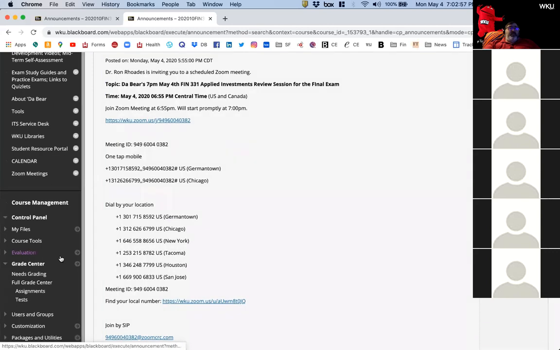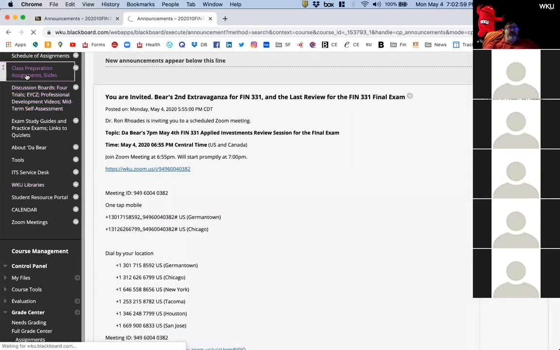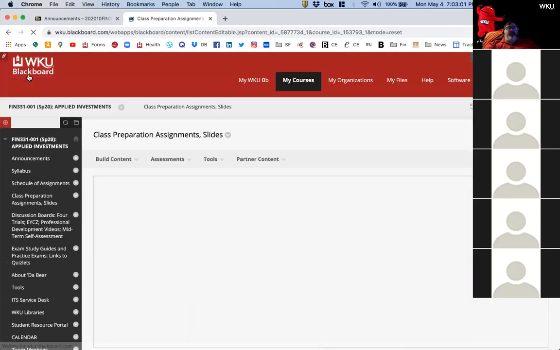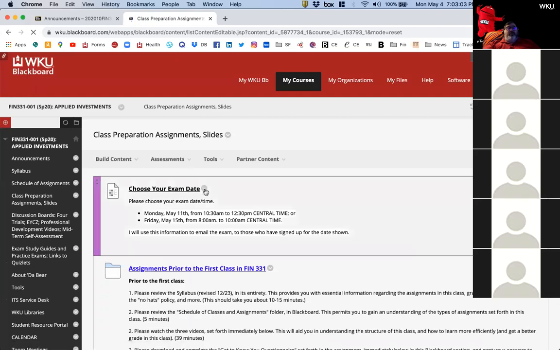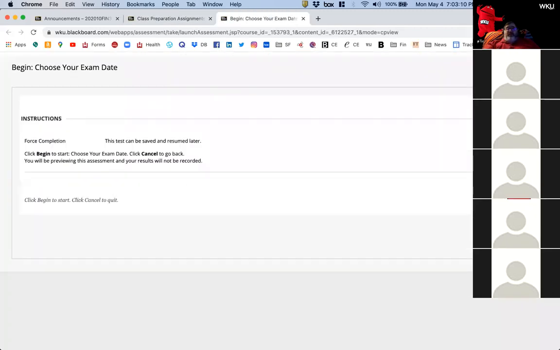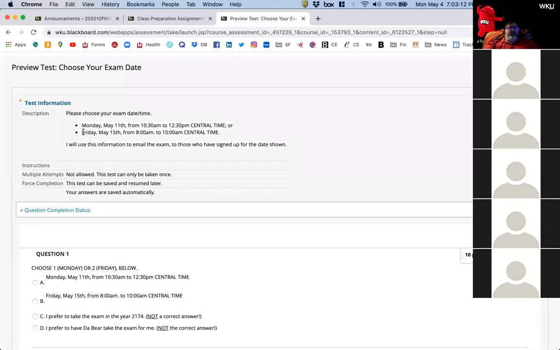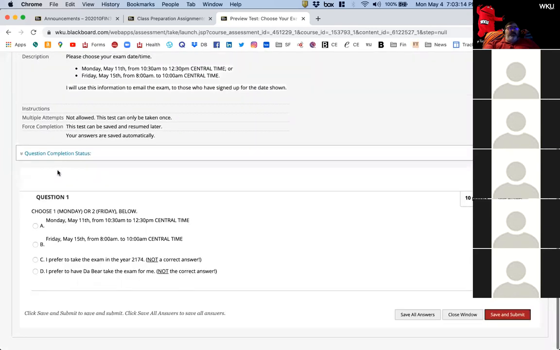If you go over to class preparation assignments, at the very top, you can click on choose your exam date. Just click on that folder and begin, and you can choose. Basically, there's one question: what date do you want to use? And there are 2 other options.